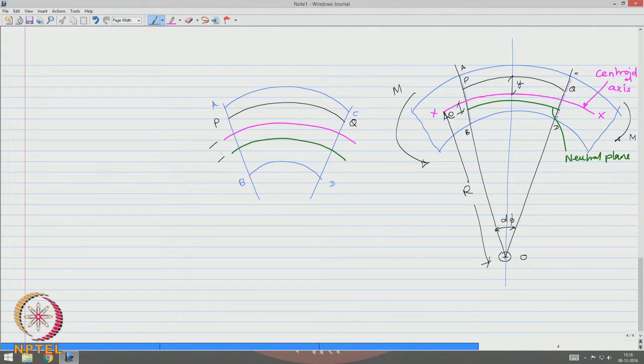We know that this distance is e and this distance is measured as y. Let us say on application of moment m, we keep the plane AB undisturbed and CD has shifted.